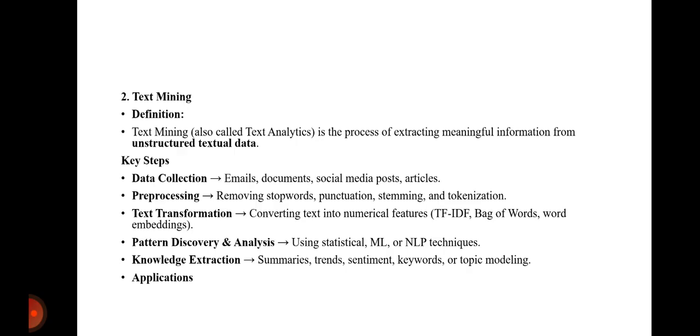That process happening on the collected data is nothing but pre-processing. In text transformation, text is converted into numerical features. Pattern discovery and analysis uses statistical, ML, or NLP techniques. Knowledge extraction yields summaries, trends, sentiment, keywords, or topic modeling.